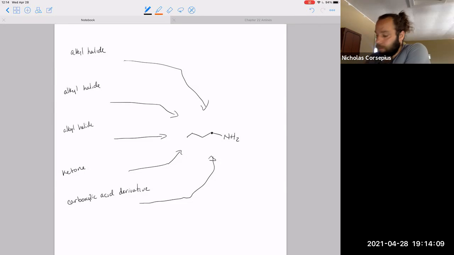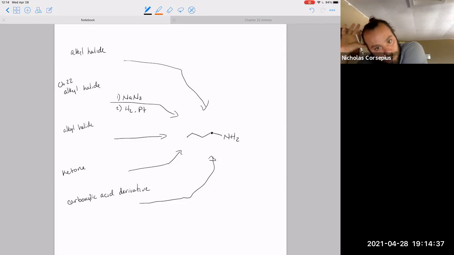Okay, so for the 2 that we just learned about in this chapter, the first one would be the sodium azide synthesis, where you first treat it with sodium azide. That replaces your halogen on your alkyl halide with that azide group. And then you hit it with a reducing agent, and that turns it into an amine.